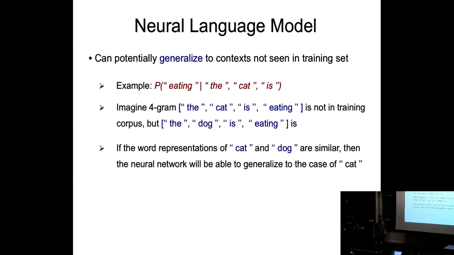So you're seeing dog is eating, but you've never seen the cat is eating. Through the training procedure, you learn that the representations of the words cat and dog are similar because they appear in similar contexts. So then the neural net will be able to generalize to the case of the cat, and it will say the cat is eating has a high probability.